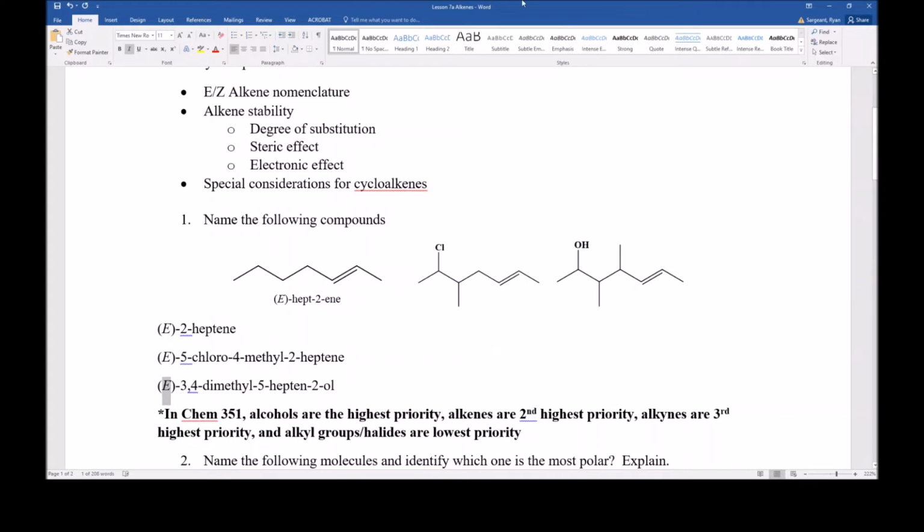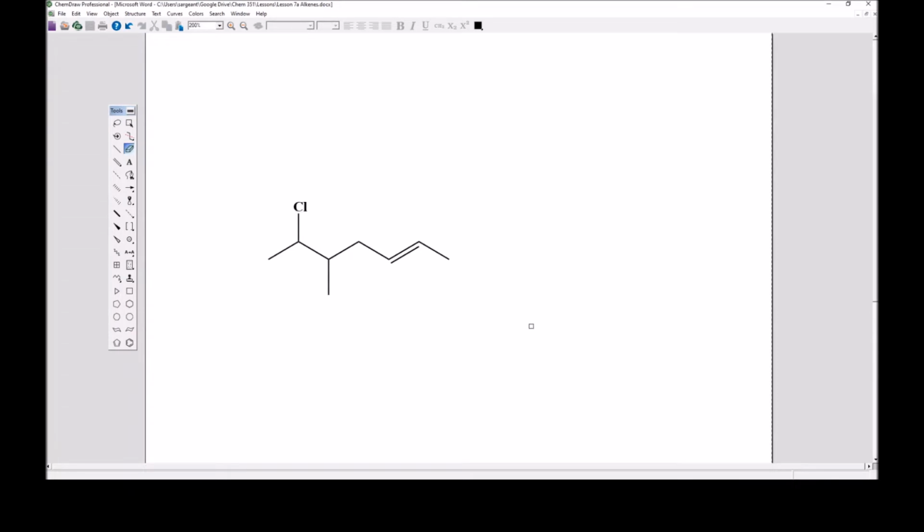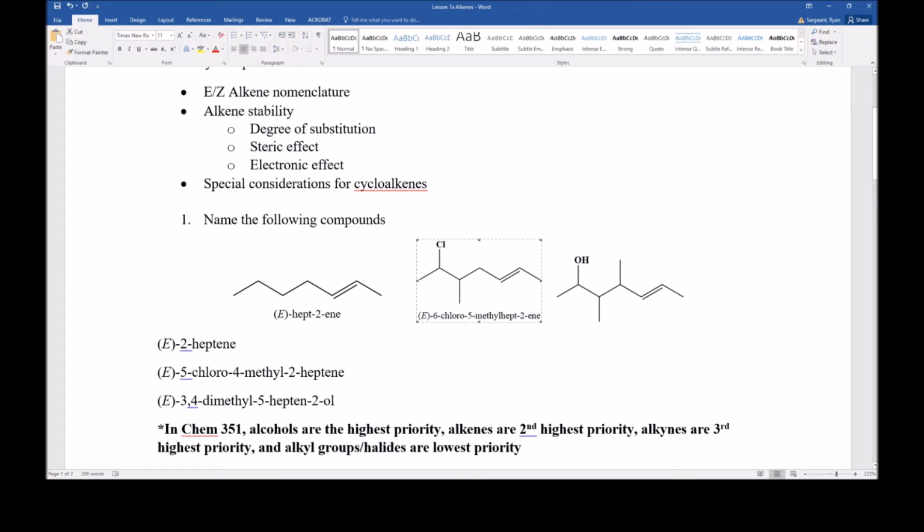All right, let's add a layer of complexity, though, and let's come back to this compound right here first. I'll zoom in a tad. So let's first let ChemDraw tell me what the name of this compound is. So Control-Alt-N. There we go. And again, ChemDraw likes to put that 2 in a weird place, but hopefully that matches the name I came up with.